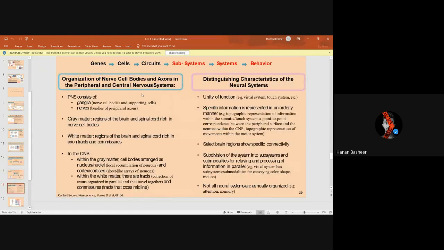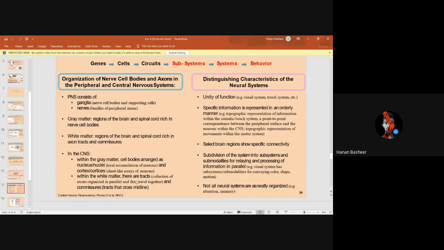Then organization of nerve cells and axons in the peripheral and the central nervous system. The peripheral nervous system consists of ganglia and nerves. In the CNS, within the gray matter, cell bodies are arranged as nucleus and nuclei, and cortex and cortices.